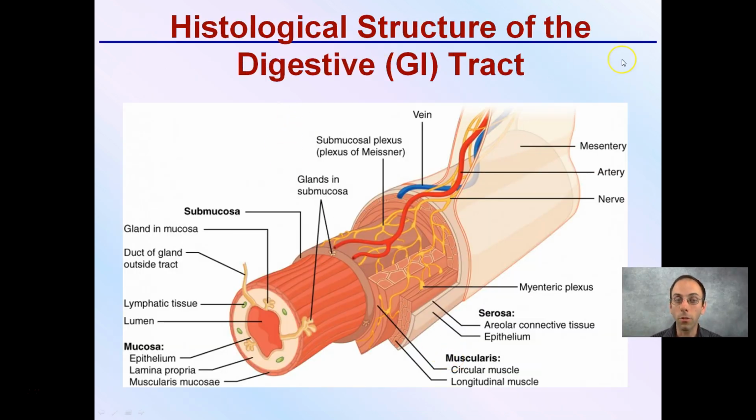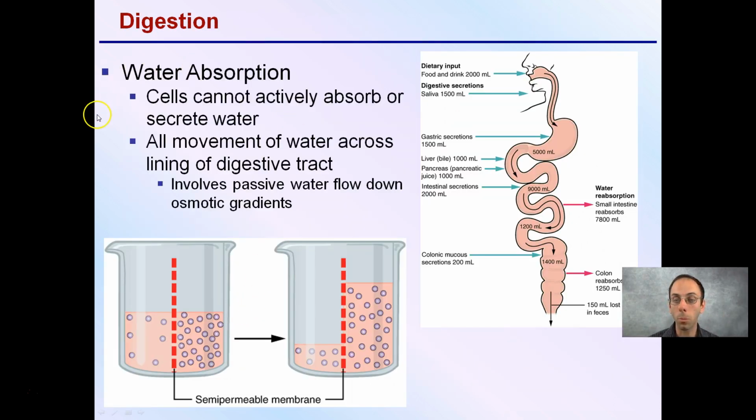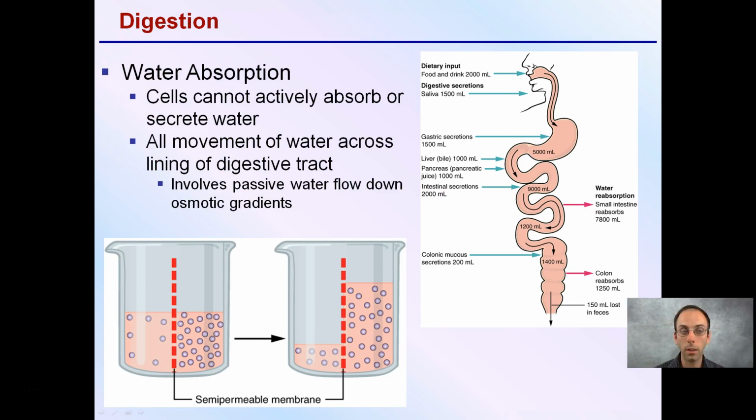The histology structure of the GI tract: you can see here a little bit more detail, a zoom in of the different layers involved and how there's this intense network of our arteries and our veins and our different types of tissues, allowing food to easily pass through, and allowing not only the digestive process to occur, but also that very important absorption process. It's water absorption also, as we see the same image again here.